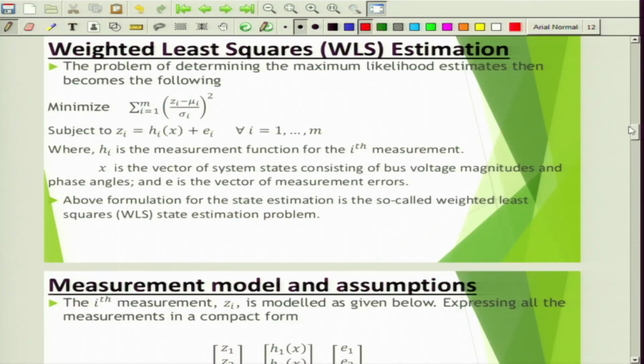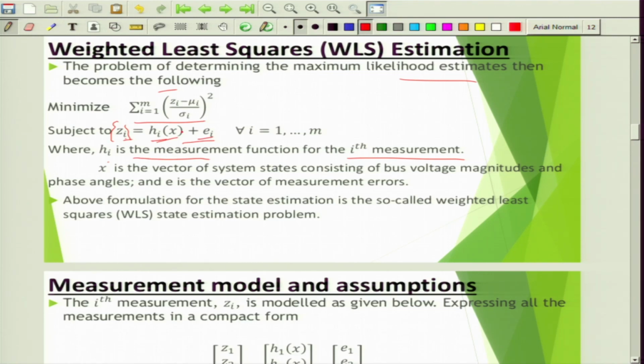So the problem of determining the maximum likelihood estimates then becomes the following. This is the function that you need to minimize, subject to zi equal to hi(x) plus ei. What is hi? This is the measurement function for the ith measurement. x is the vector, that means we are assuming that there is a measurement and it may have some error. This h of x is the true actual measurement. The objective is to find out that h of x now.